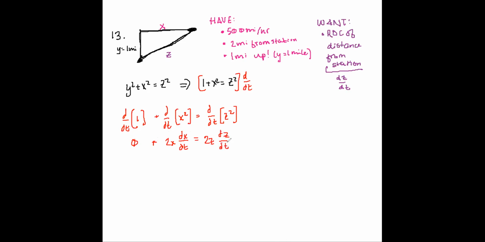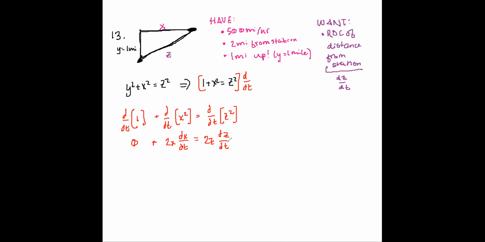It's always really important to remember that when you're implicitly differentiating. This is something I struggled with, but that's a vital part of what's happening here. I feel like that's the whole rate aspect of it.